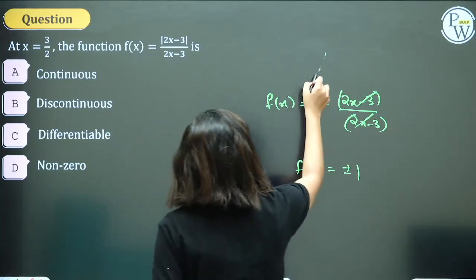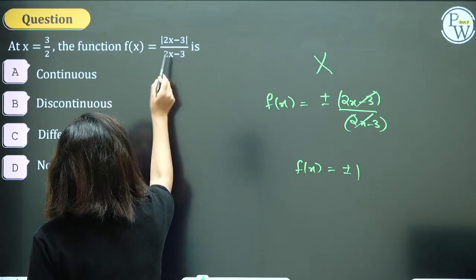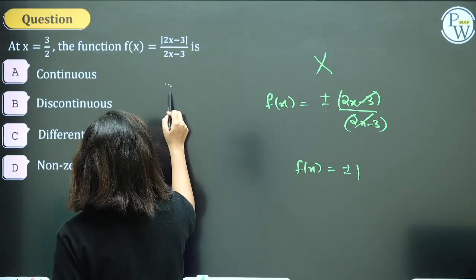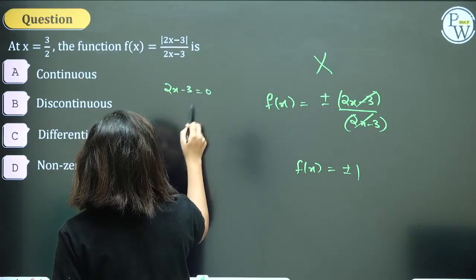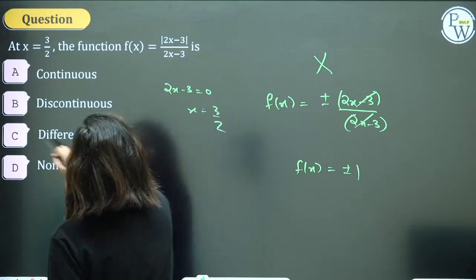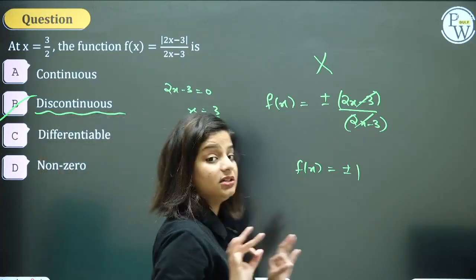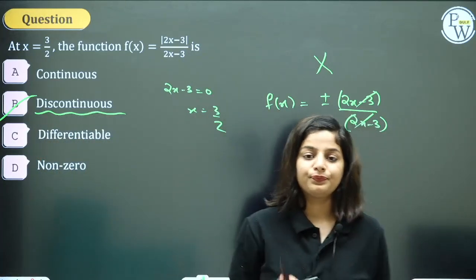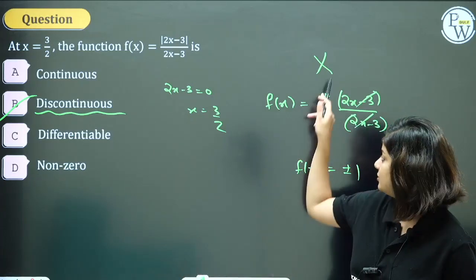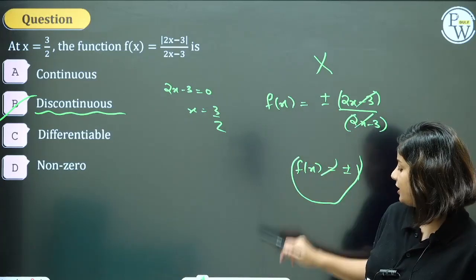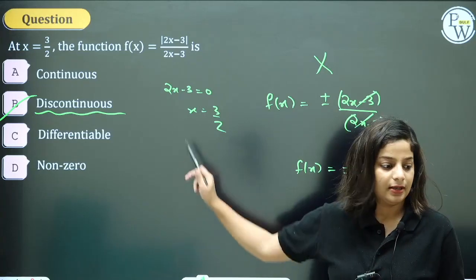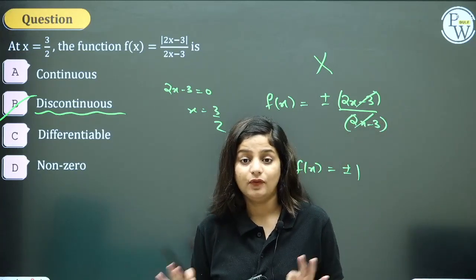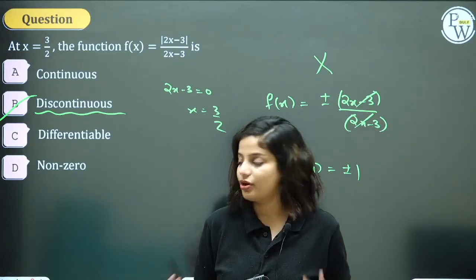No, this is absolutely wrong. When you put x equal to 3 by 2, the denominator will become 0. That simply means it's a discontinuous function. After simplification you are getting plus minus 1, but the function is not defined at 3 by 2.